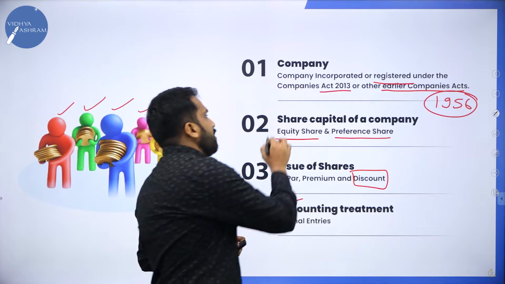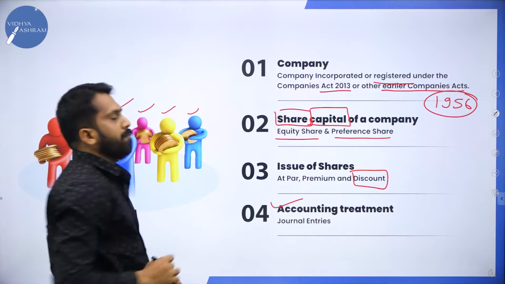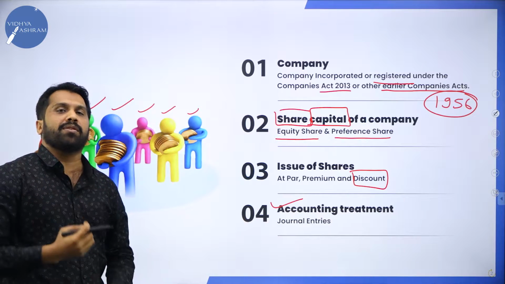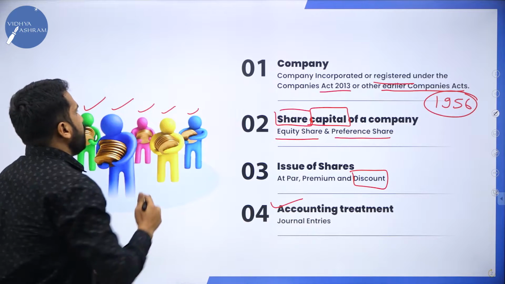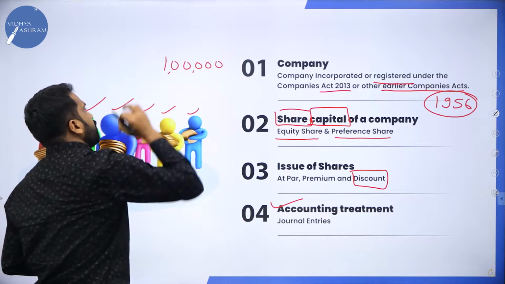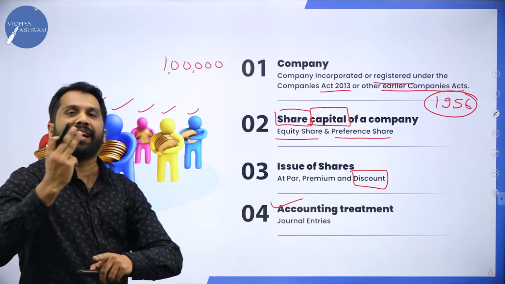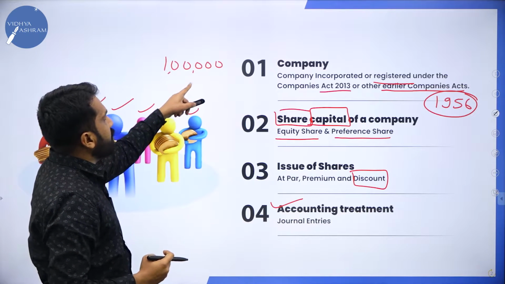Now, what is the meaning of share and capital? Your topic is all about accounting for share capital. Now, I want 1 lakh for establishment. I have one more establishment plan.